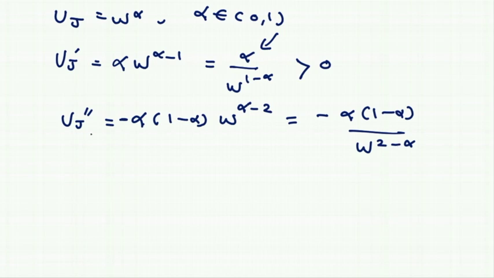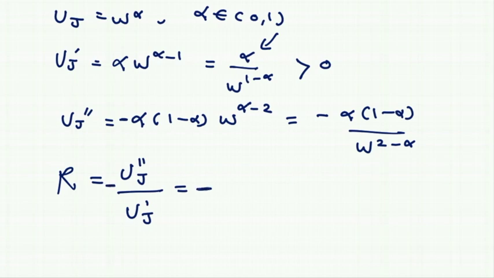Right. Now, let's find the coefficient of risk aversion. So the coefficient of risk aversion, if I may rewrite it again, it is U double prime for James over U prime for person named James. So, and we have minus sign.